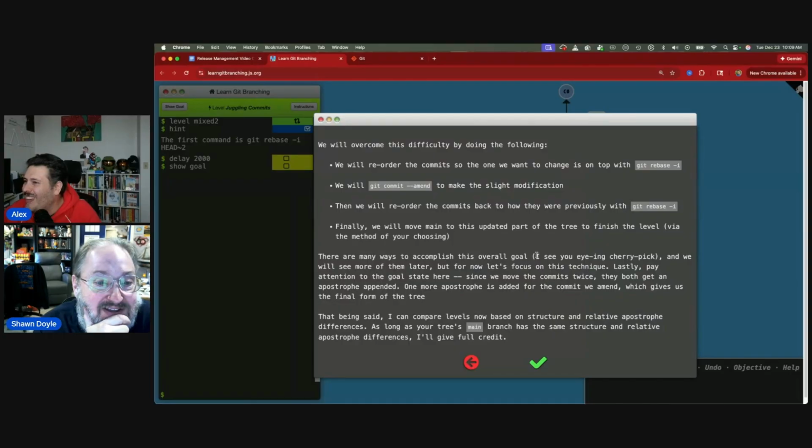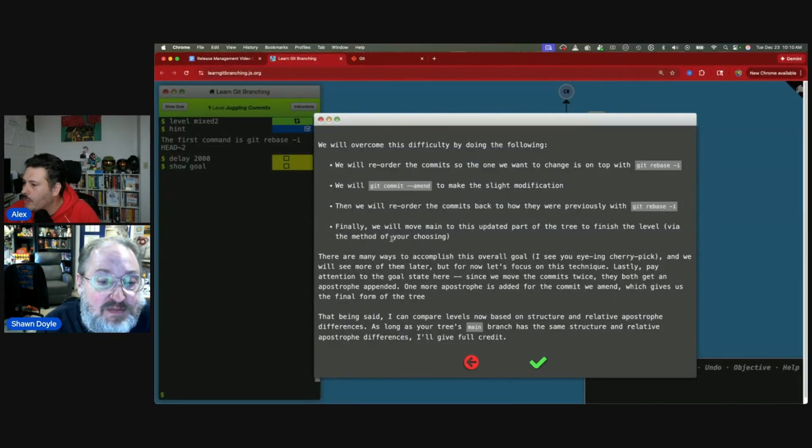Yeah. So we can overcome this difficulty by doing the following. We can reorder the commits so the one we want to change is on top with git rebase -i. We will then commit with an amend to make the slight modification, and then we will reorder the commits back to how they were previously with git rebase -i.